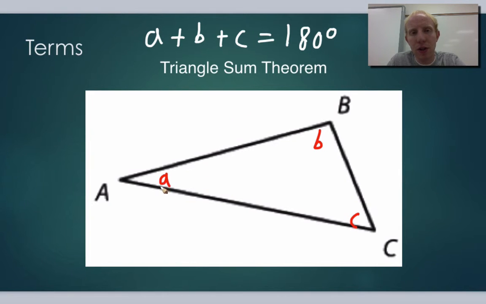So A plus B plus C is going to give us 180 degrees. This is a very important theorem that allows us to figure out these different angles in triangles, and we're going to use it a lot, but that's the key idea.